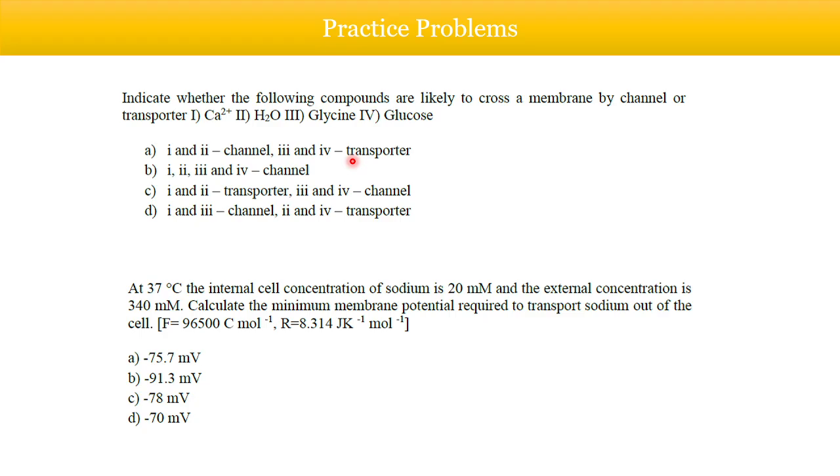So the process of a channel is more simple. For a transporter, there are so many structural changes happening, binding and all, and then it goes. So from what you can see here, calcium, water, glycine and glucose, which of them will pass through the channel and which through the transporter?